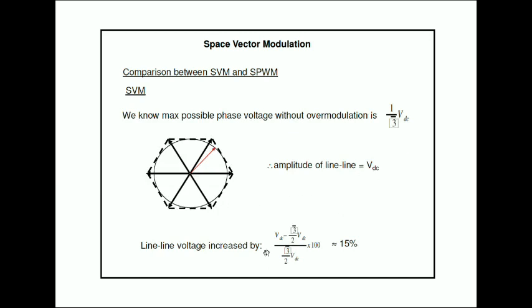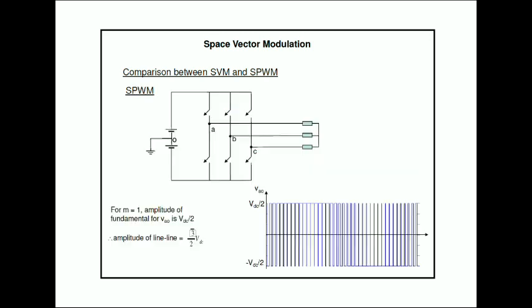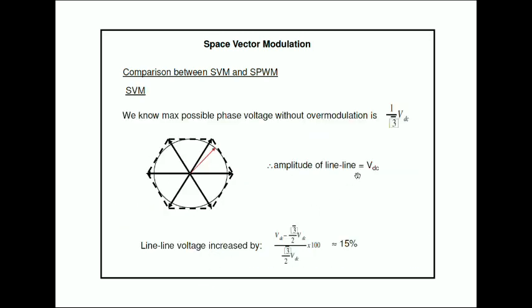Line to line voltage increase you can find by dividing these two amplitudes, or you can say that VDC minus root 3 by 2 VDC divided by root 3 by 2 VDC into 100 is equal to 15%. It is the line to line voltage increase by using SVM.